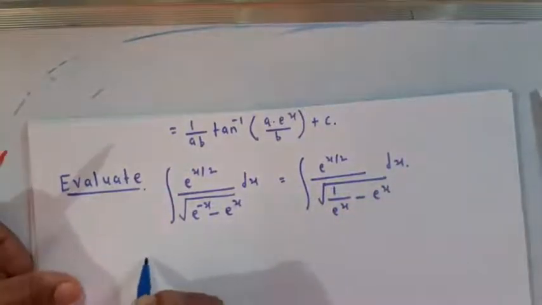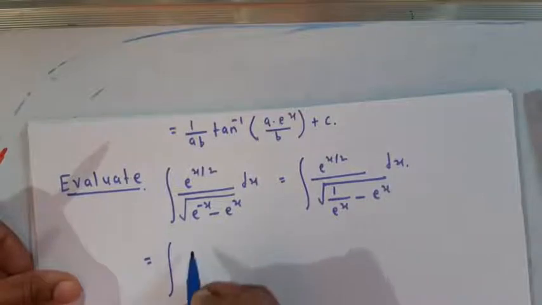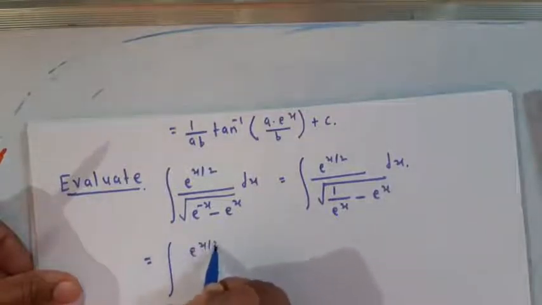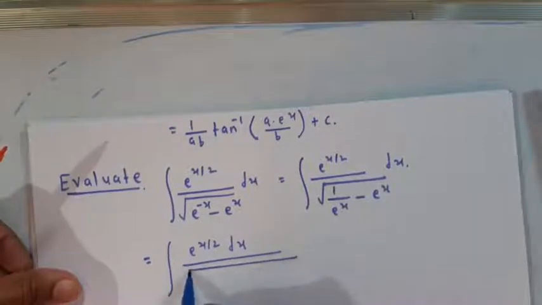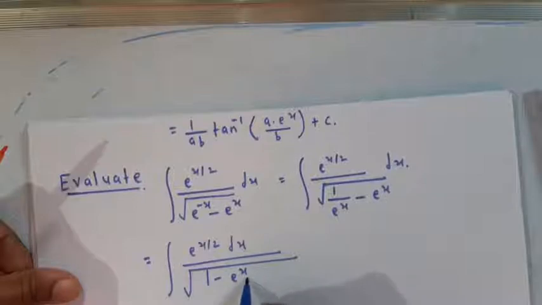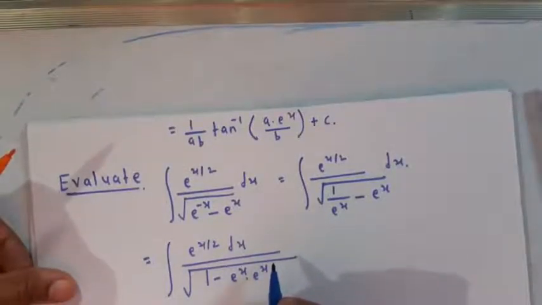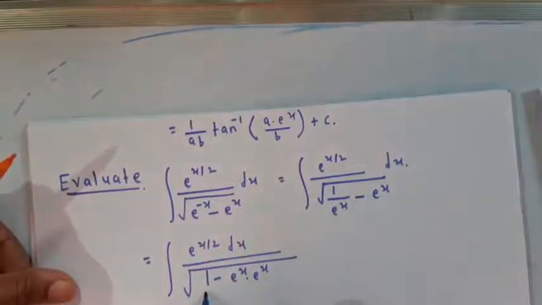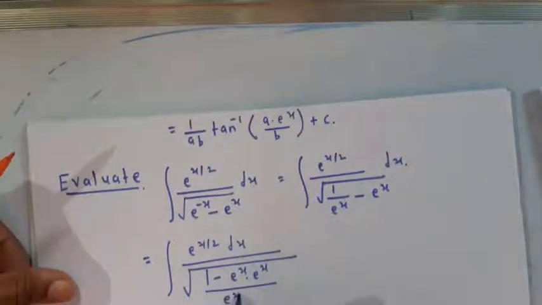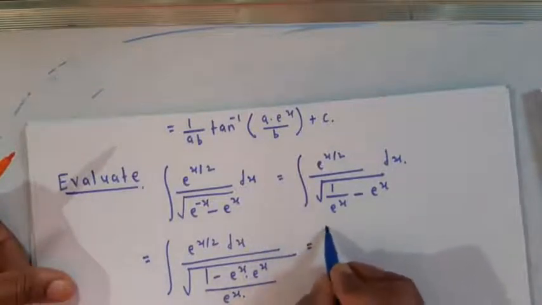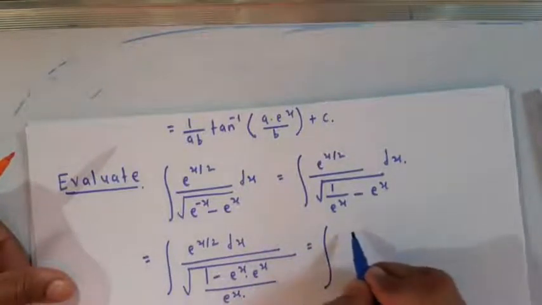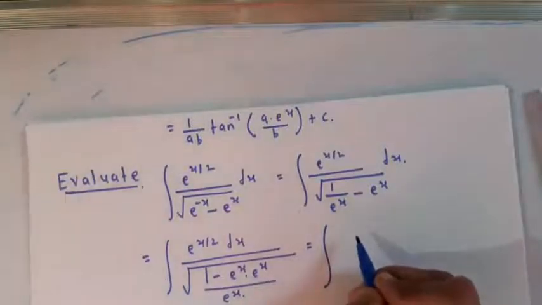And now take the LCM. We will get e raised to x by 2 with respect to x as it is, upon the integration of 1 minus e raised to x into e raised to x, upon e raised to x, with respect to x. And this is equal to the integration of e raised to x by 2.